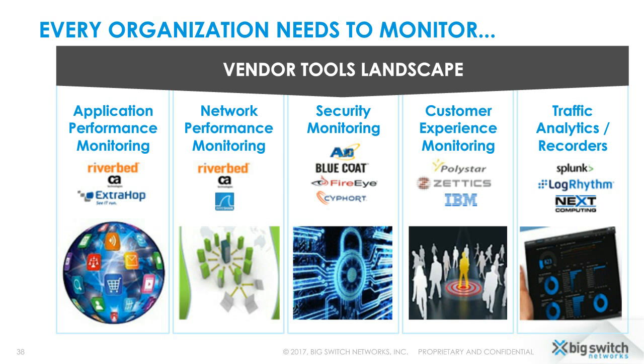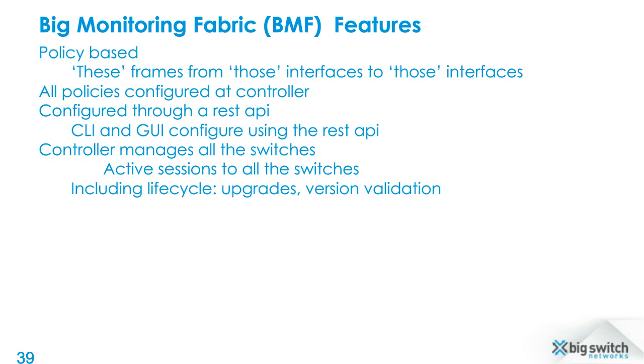BMF is interesting because what it does is provide the user with a place where they can configure the behavior of all the sources and destinations for their traffic. So they can sit down and say, I want this interface, TCP port 22, all that traffic sent to this destination.